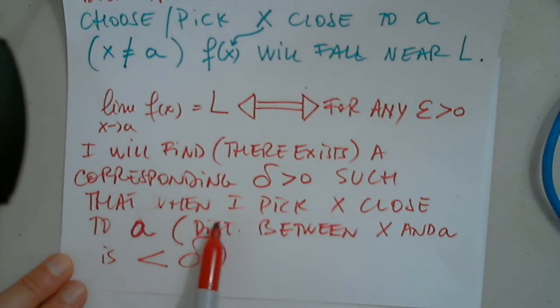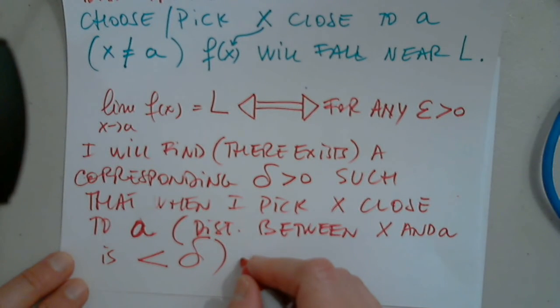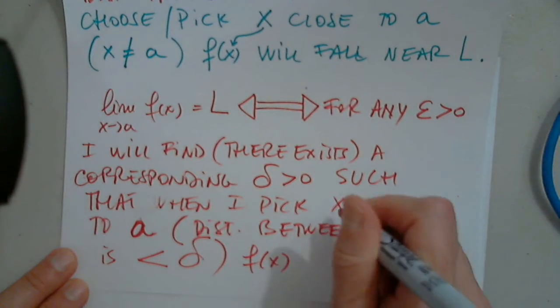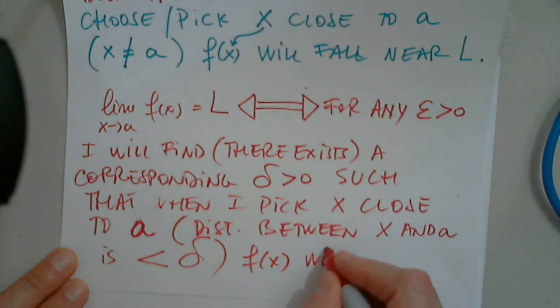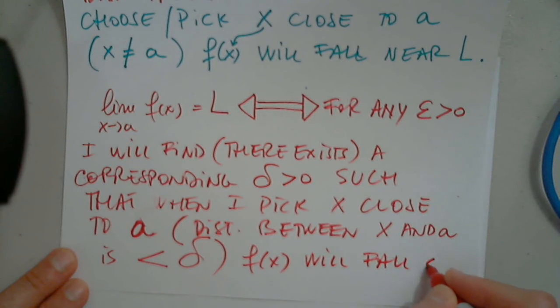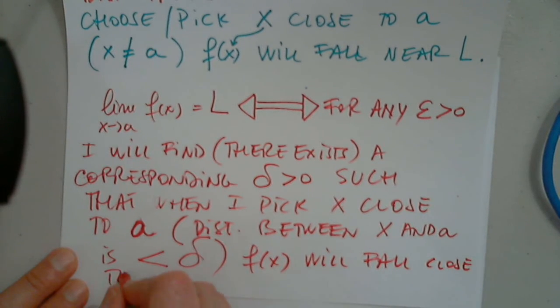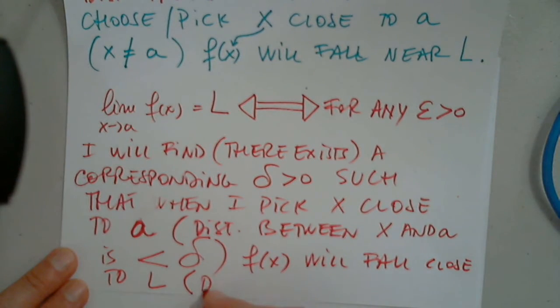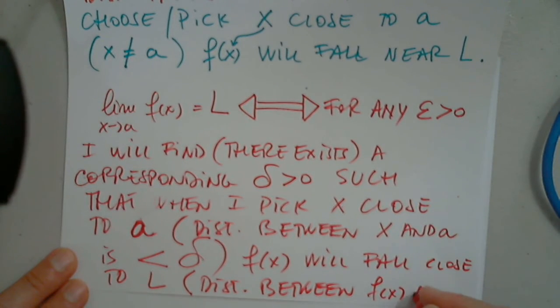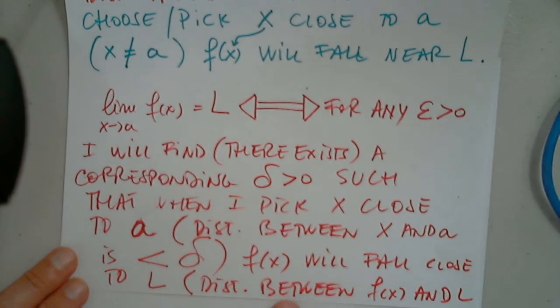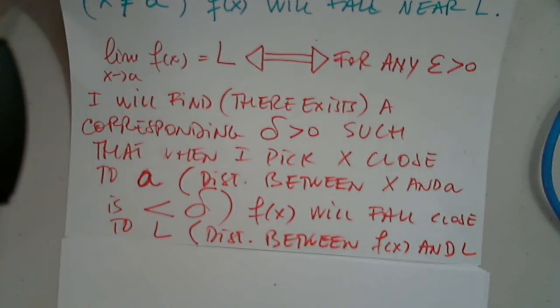So such that when I pick x close to a, f of x, f of this x will fall close to L. In other words, distance between f of x and L is smaller than epsilon.